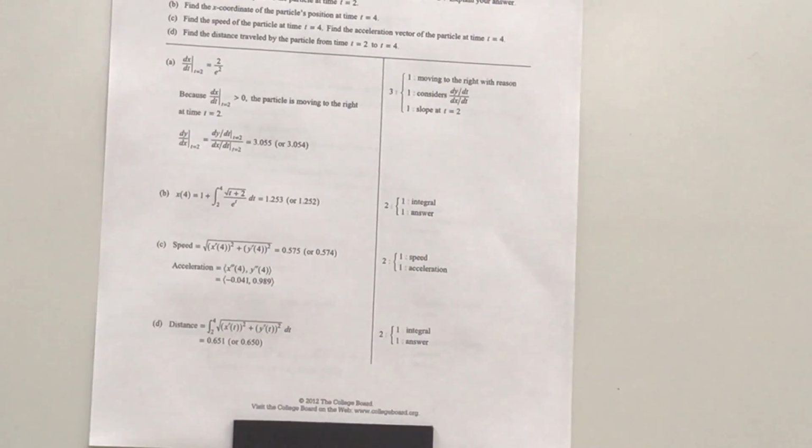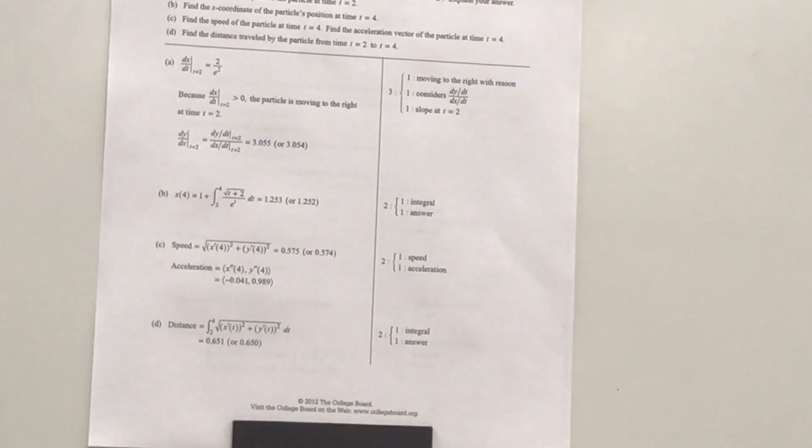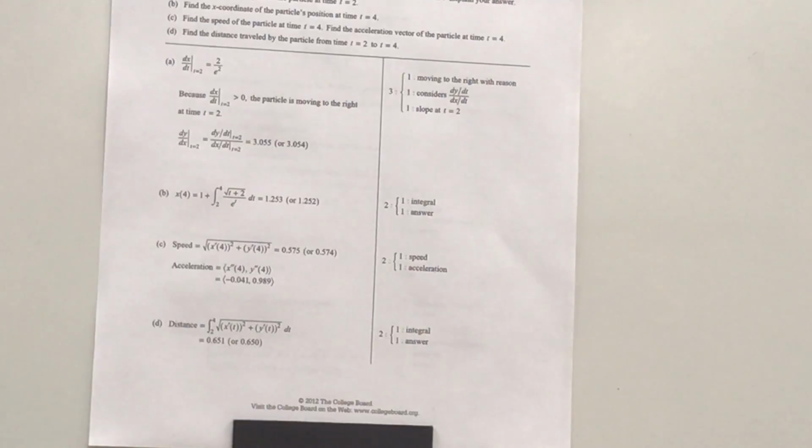Our initial value was what happens when t equals 2. So if you integrate there from 2 to 4, again using the calculator, that integral comes out to about 0.253. But remember, that's displacement. You have to add the 1 from the initial position to get the answer of 1.253.